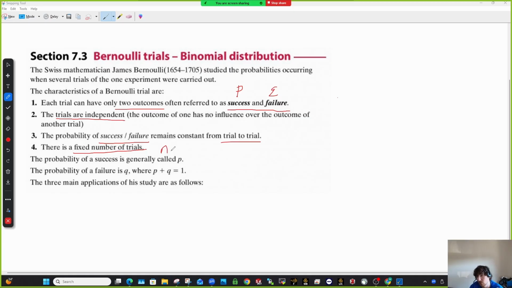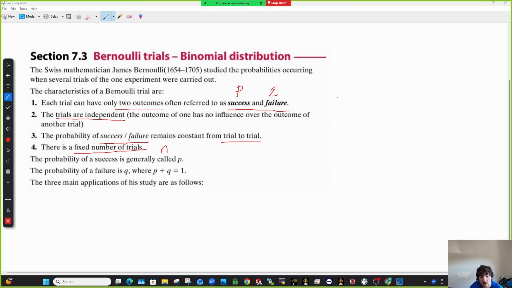So for example, in a scenario where there's not a fixed number of trials, say the person has to keep taking shots until he scores 7, that's not really a Bernoulli trial because we don't know how many shots he's going to have to take until he scores 7, so it's not a fixed number of trials. Whereas if we were asking a question, okay, he has 10 shots, 10 trials, work out the probability of him scoring 7 times, that kind of thing. So hopefully that makes sense.